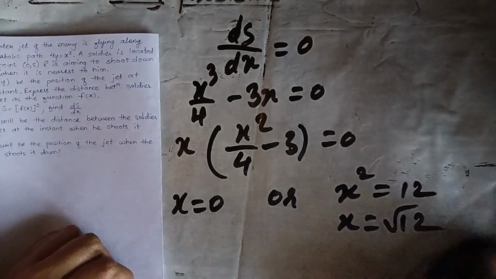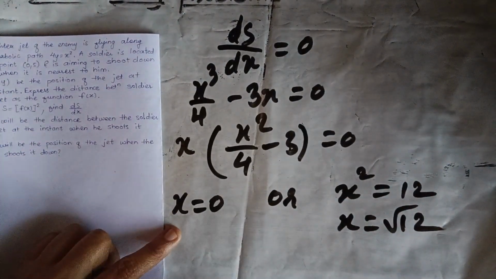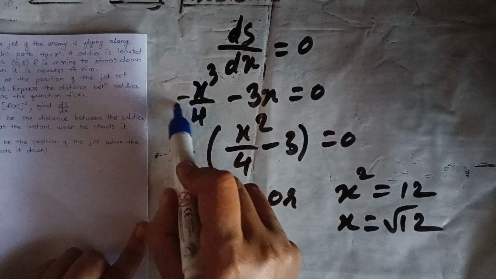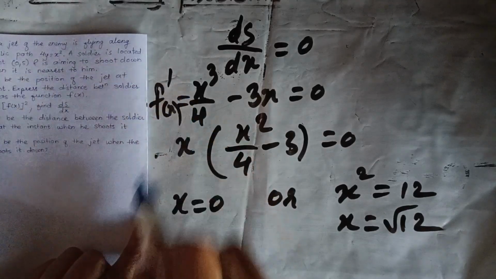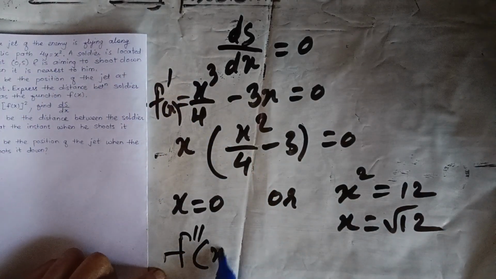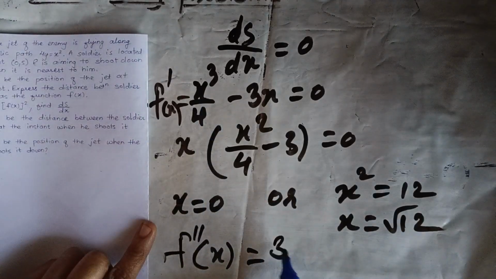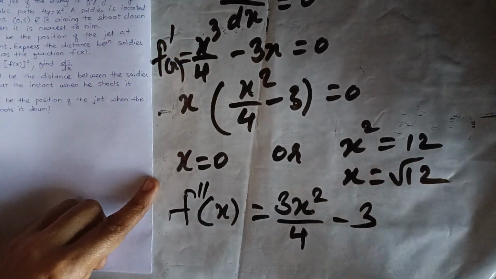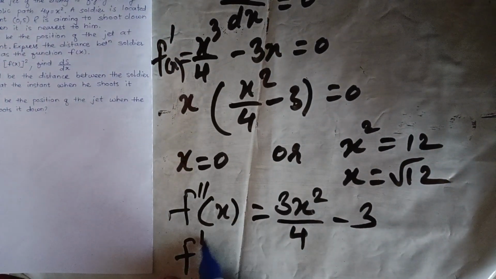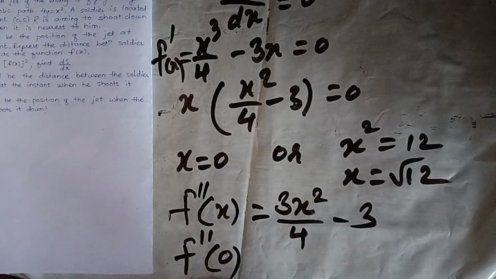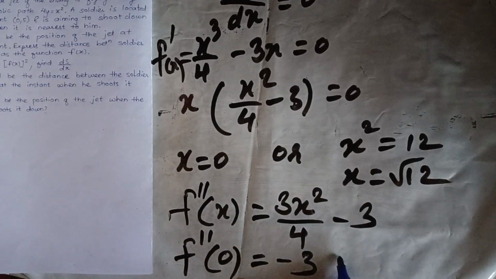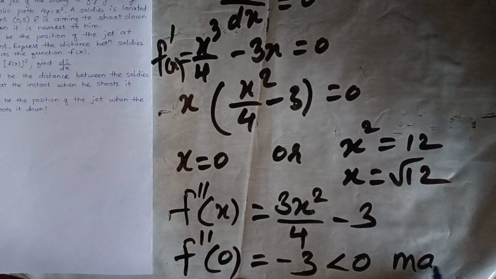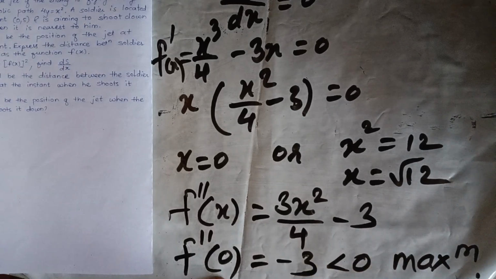Okay, let's put this. First, this is your ds by dx, that is f dash of x. So we'll find the double derivative: 3x square upon 4 minus 3. Okay, so we have to check for both the points 0 and root 12. At 0 you'll get minus 3, which is less than 0. So this is a point of maximum. 0 is the point of maximum, but we want minima, right?